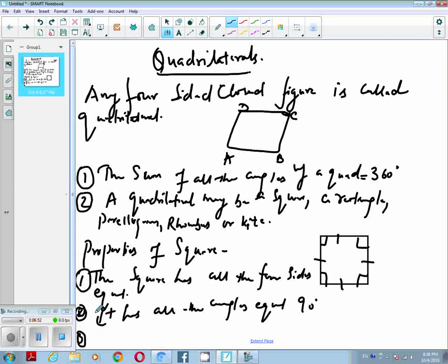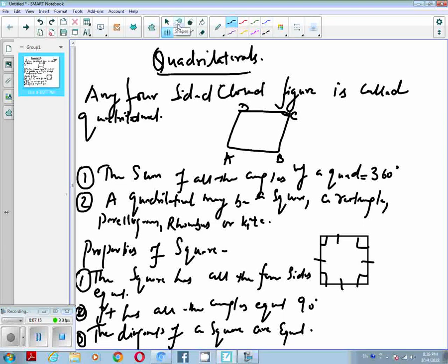Then third property. What about the diagonals of the square? The diagonals of a square are equal. Diagonals of the square are equal. So let's see how.